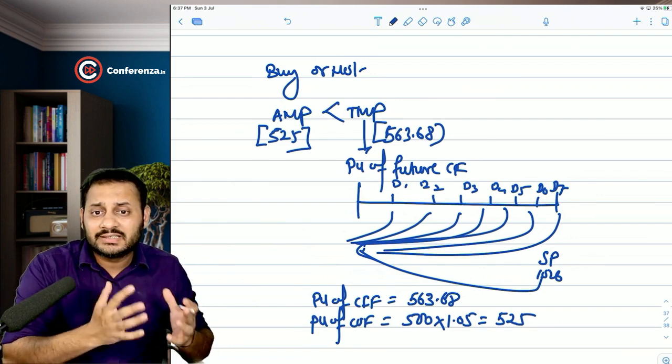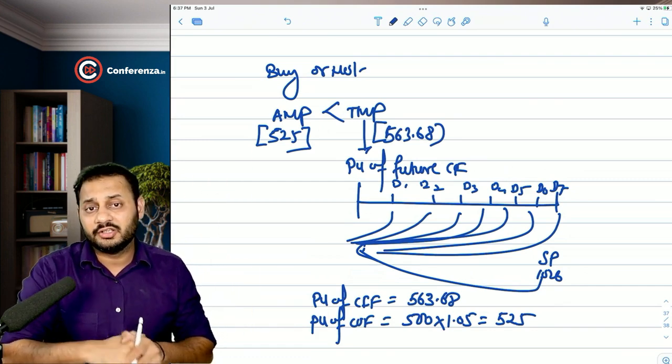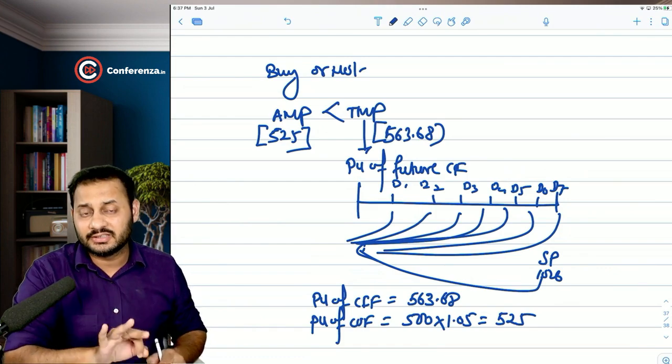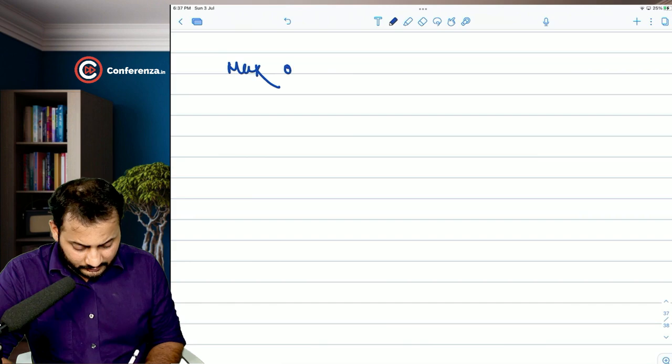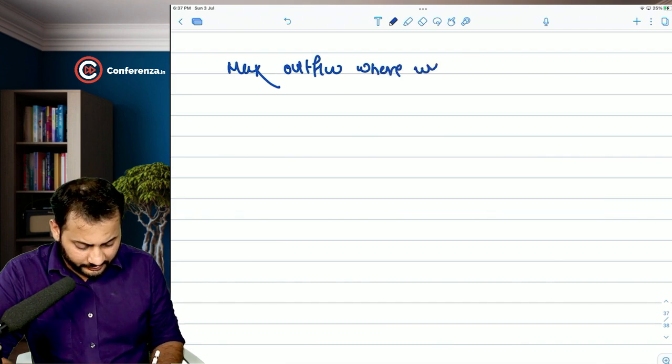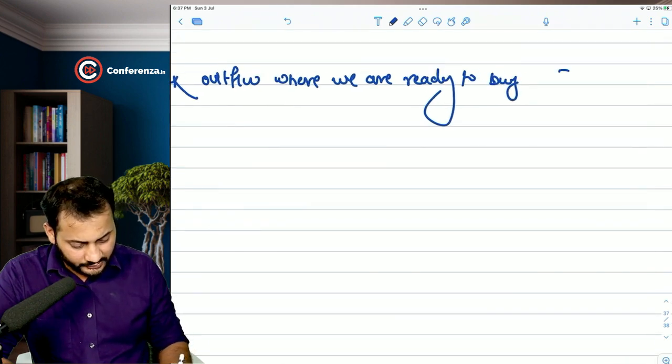What is the maximum amount at which you will be ready to buy the share? 563.68. Maximum outflow where we are ready to buy is 563.68.